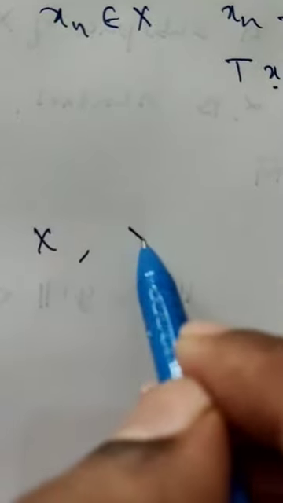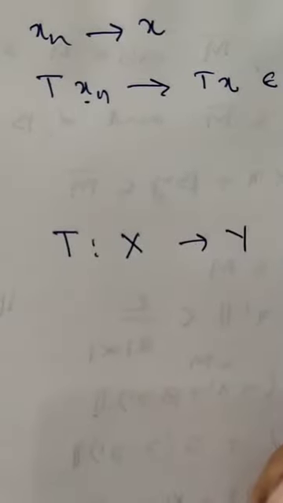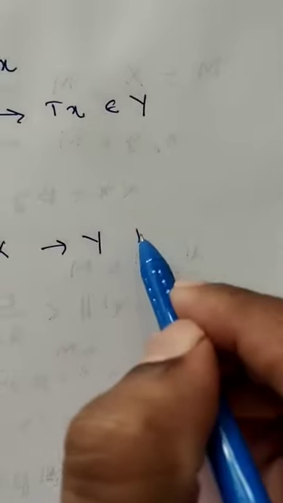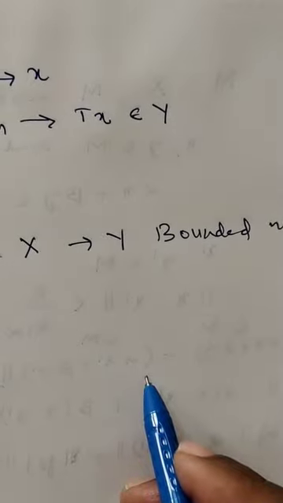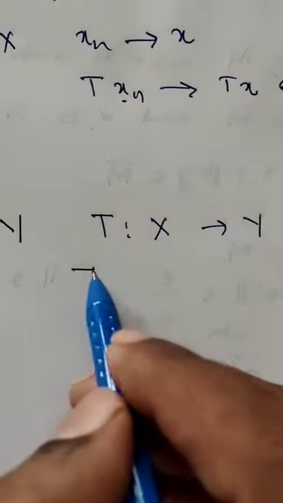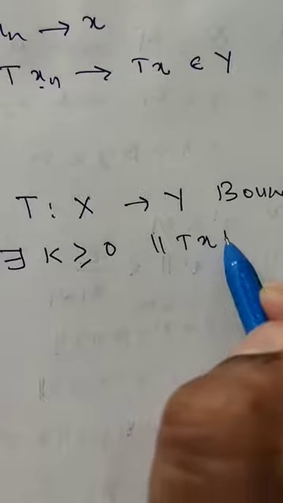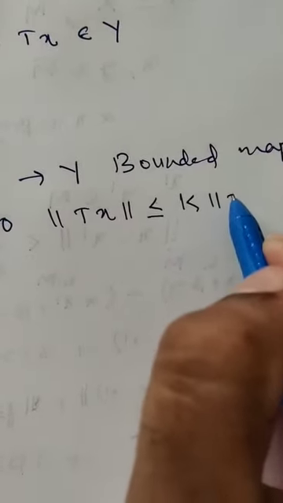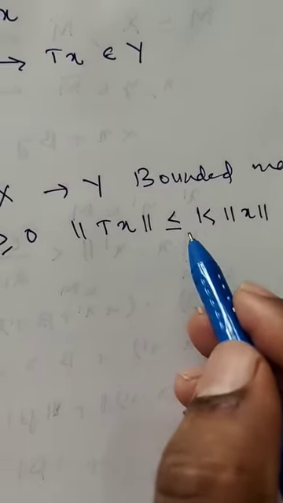Okay, and also suppose we have two normed linear spaces, say X and Y, and a mapping T from X to Y. Then T is said to be a bounded map if there exists a positive constant k such that norm of T of X is less than or equal to k times norm of X. Then we say T is a bounded map.